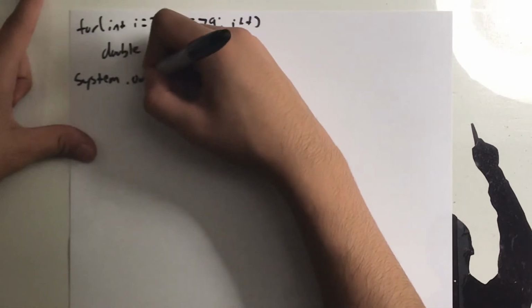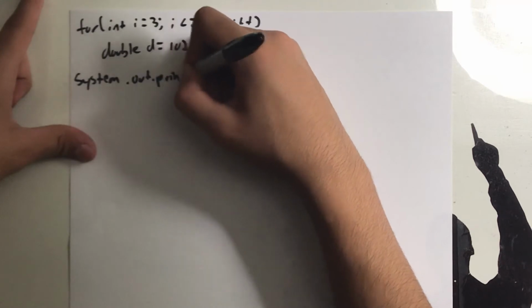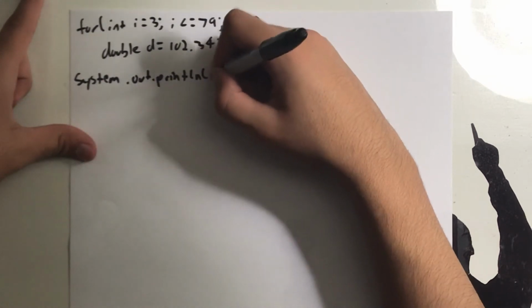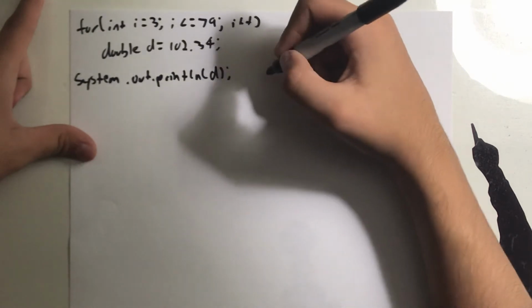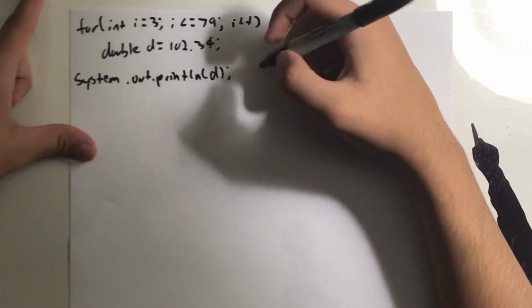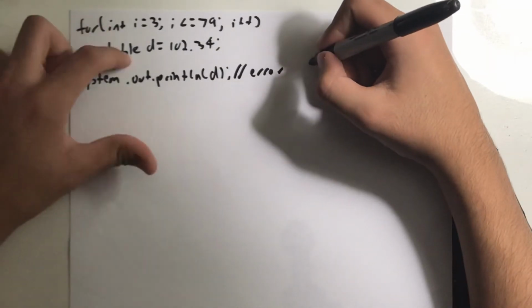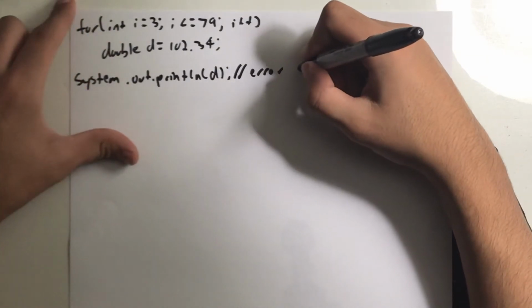System.out.println(d). You're gonna get an error because d is confined in the loop.